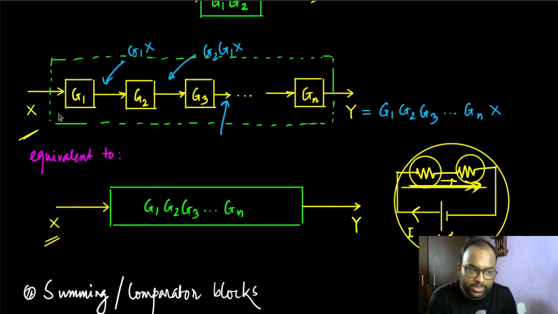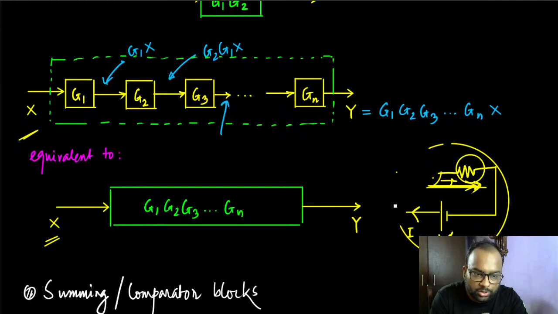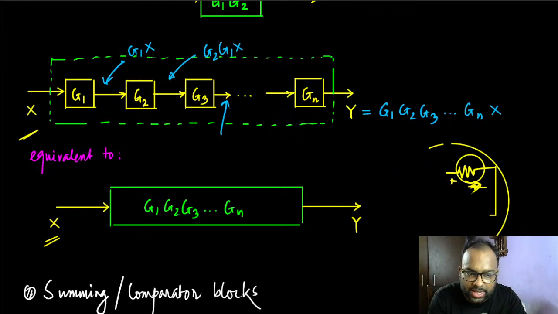Something like that does not happen here. In a cascade, the input is entirely taken up by the first block, which generates some output, and that goes into the next block, which generates some output, and that goes into the next block, and so on and so forth. That's the difference between a series structure and a cascade structure.